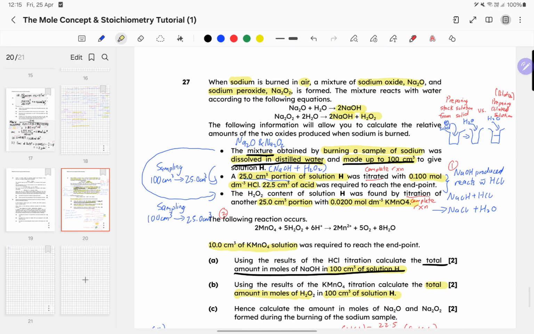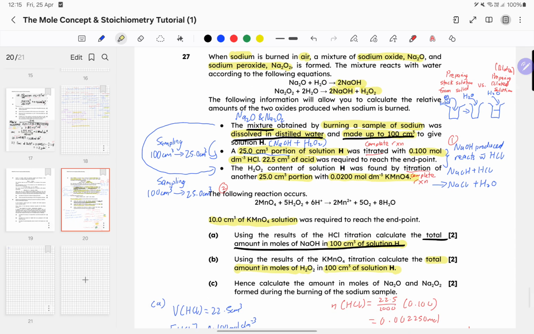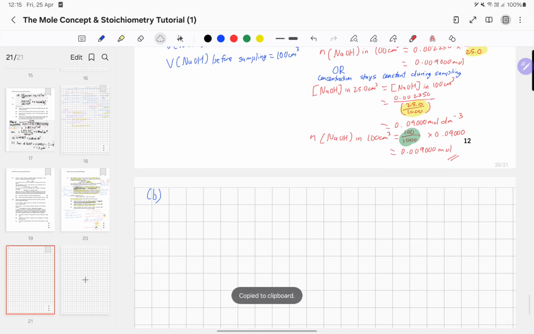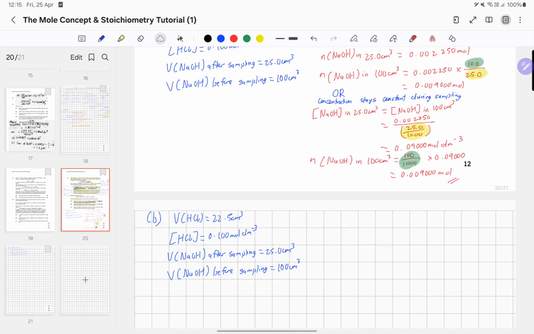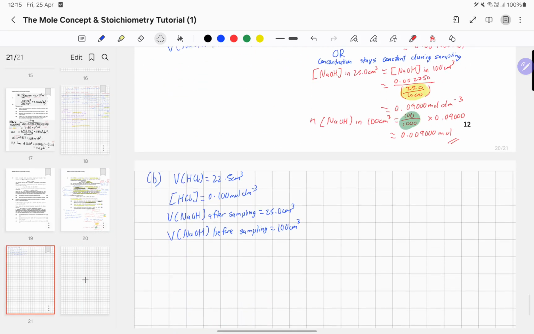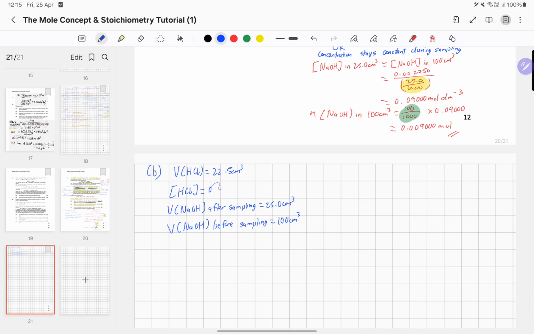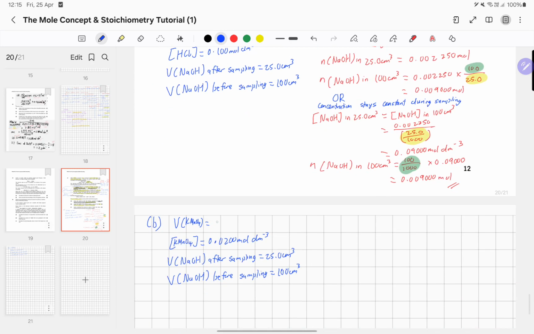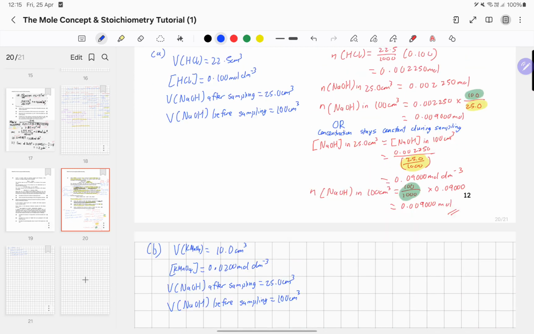What we are given over here is that we have KMnO4 0.0200 mole per dm cube, and the volume of KMnO4 used up would have been 10.0 cm cube.